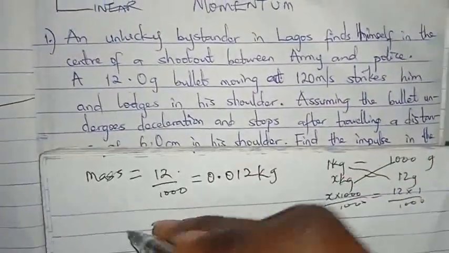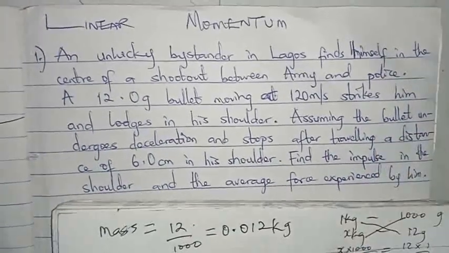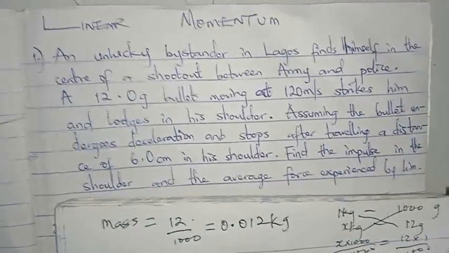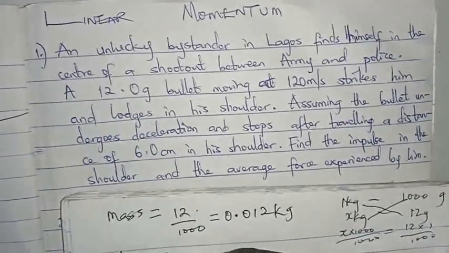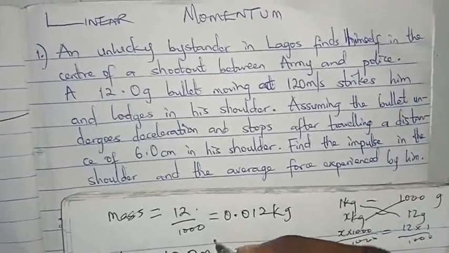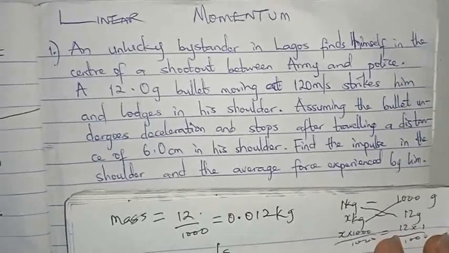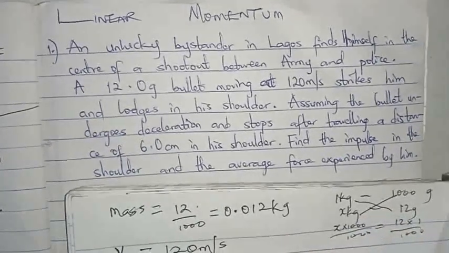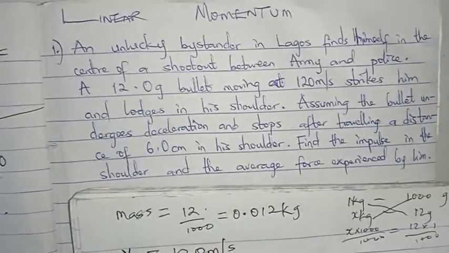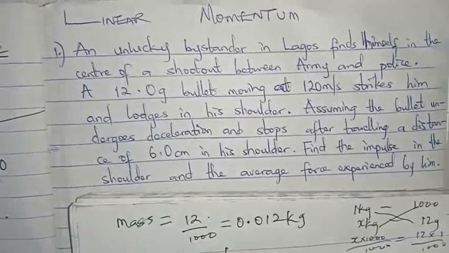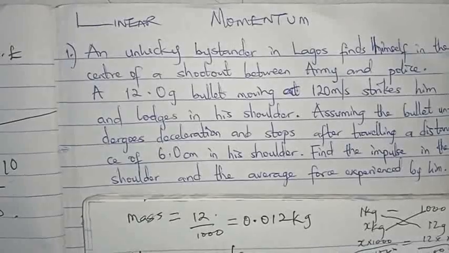The next thing they gave us is velocity. They gave us moving at 120 meters per second, so the bullet's v. When they say something is moving, you know that is v. Initial velocity there should be 0. Wait a second: it strikes him and runs into his shoulder. Assuming the bullet undergoes deceleration and stops, that's another part of the question, because we've seen the full stop.